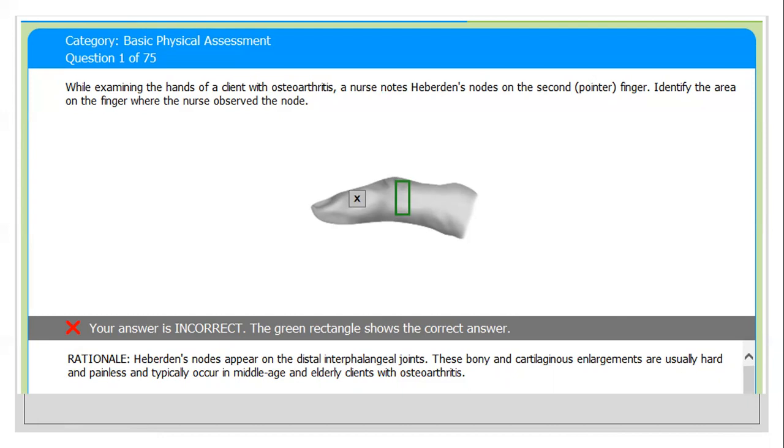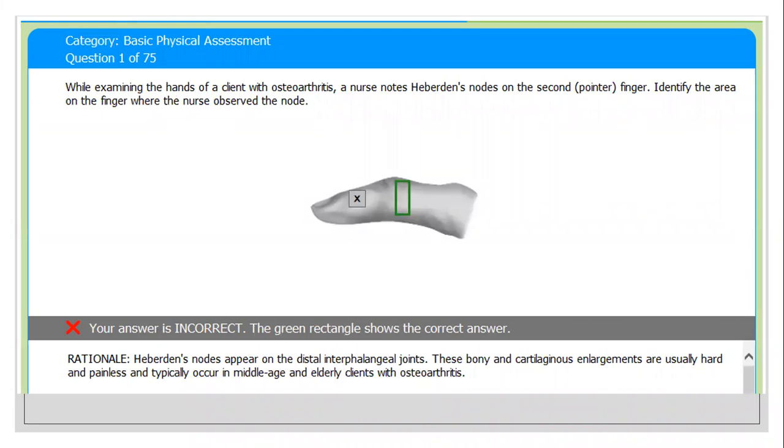Before we go to the next question, I want to recap something. This green area is the distal interphalangeal joints, where we get the Heberden nodules. So what are Heberden nodules?